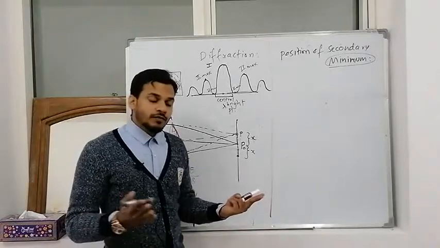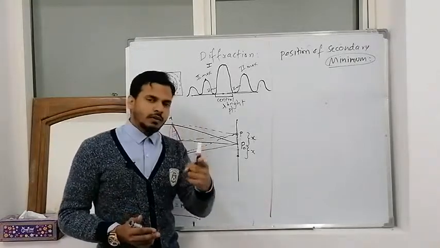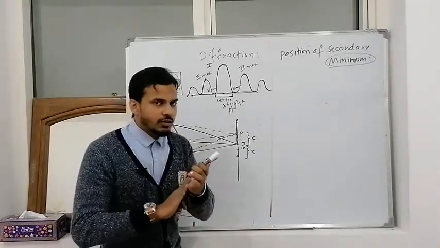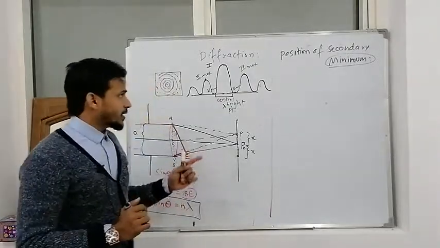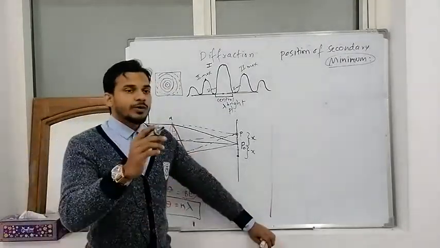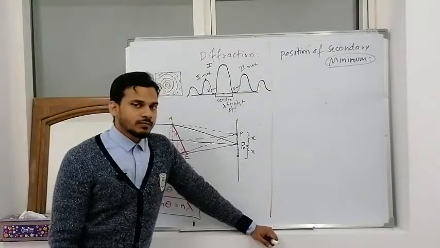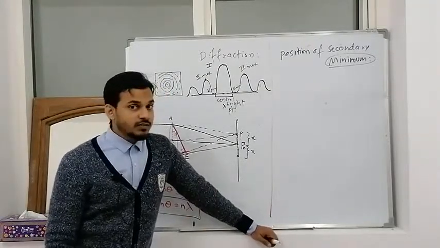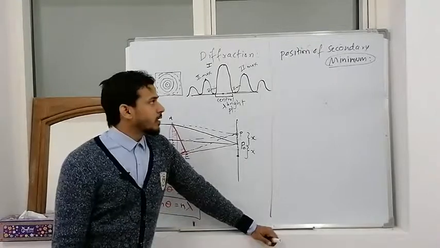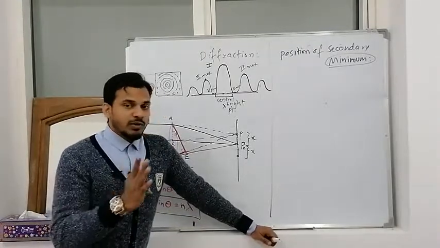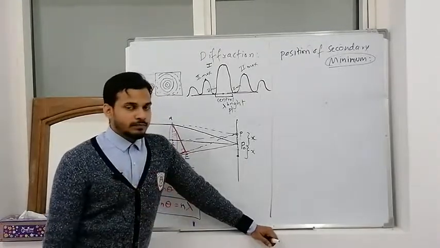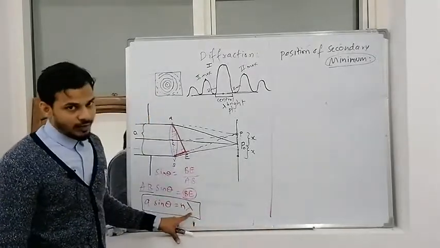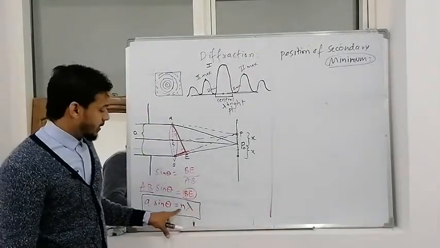And if the path difference is lambda, then you can say there will be a point of minimum intensity. First secondary minimum. Because lambda by 2 plus lambda by 2 is lambda. That's why we get only lambda.